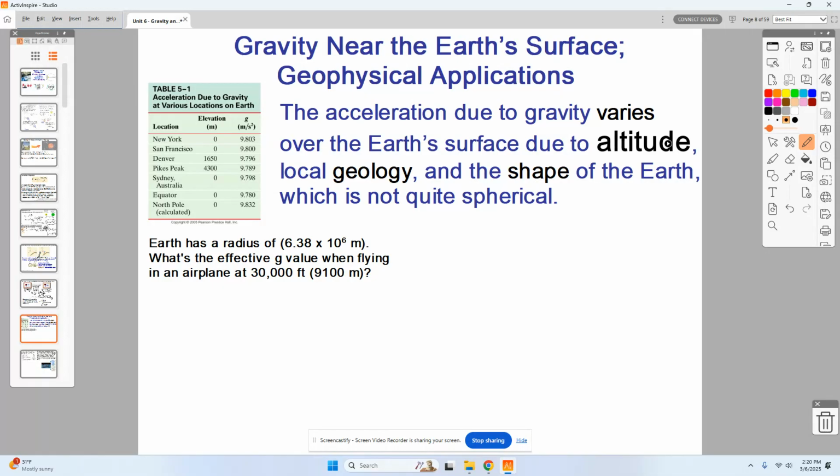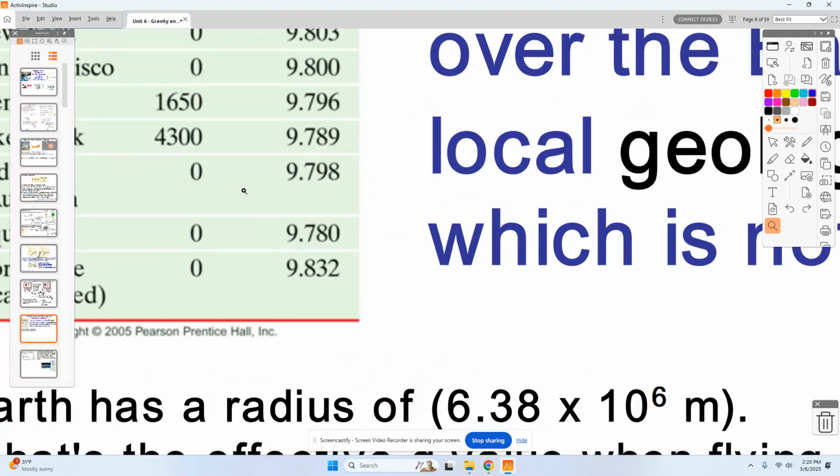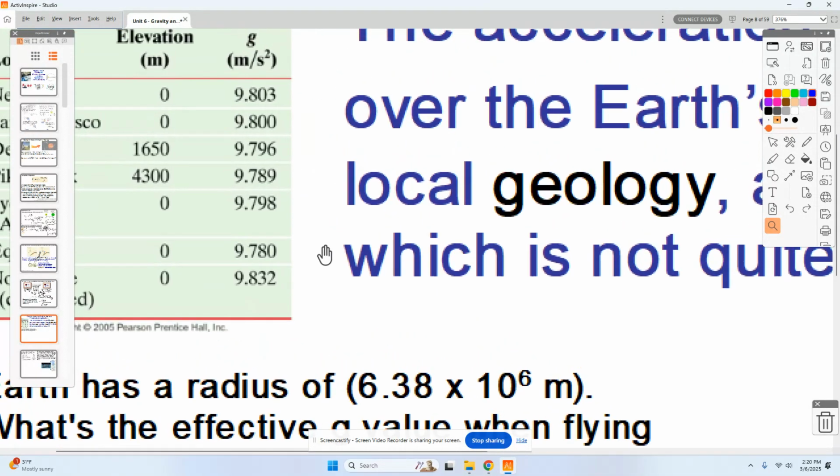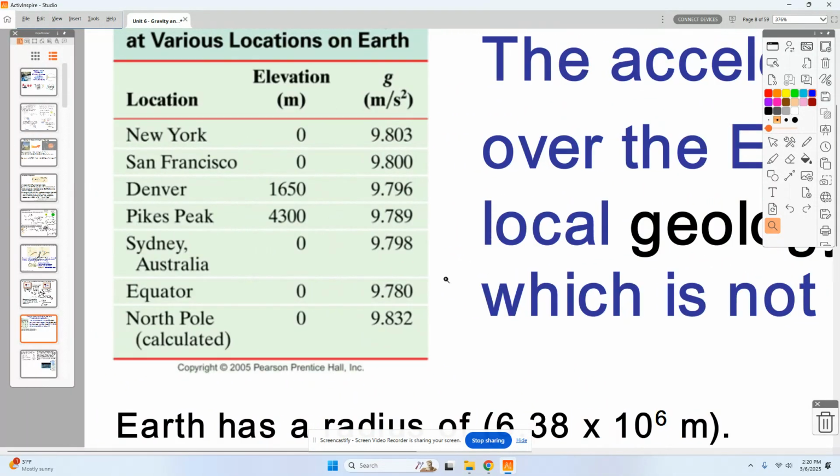Take a look at this table. I wouldn't ask you to memorize these values, but you should see 9.8 is pretty close to them, though it does vary. Denver is sometimes called Mile High Stadium if you follow football. When they kick the football in Denver, it usually goes further.